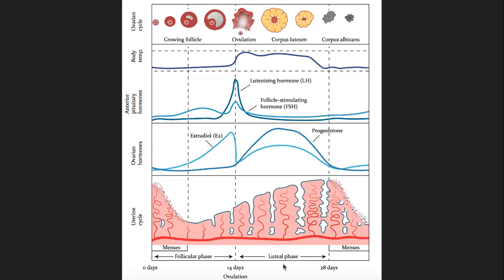And if you look at the anterior pituitary hormones, that is the luteinizing hormone and the follicle stimulating hormone, they slowly start secreting. Now, follicle stimulating hormone, shown in blue, is higher here because it is responsible for maturation of the Graafian follicle compared to luteinizing hormone. From the start itself, it is slowly increasing, and then as soon as the ovule is released, it will be at its peak, and then it will again fall down.